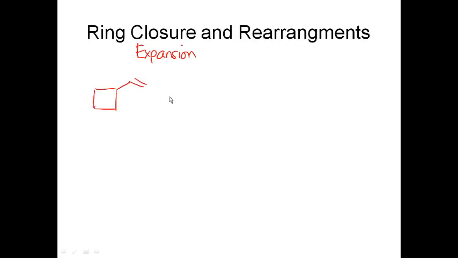If we react this molecule with H+, we can actually get the formation of a 5-membered ring with the double bond there. This mechanism could also occur with a primary alcohol here, but I'll do it with this double bond to begin with. So this is an example of what's called ring expansion.